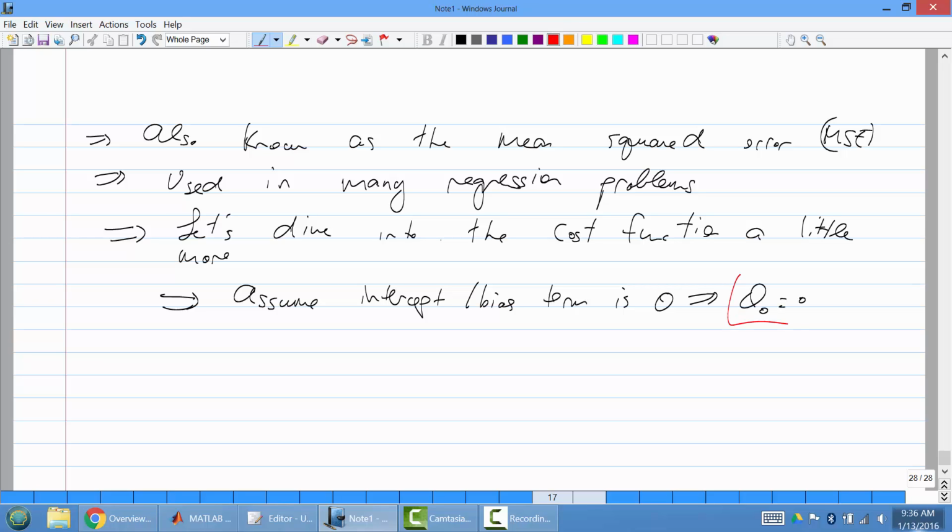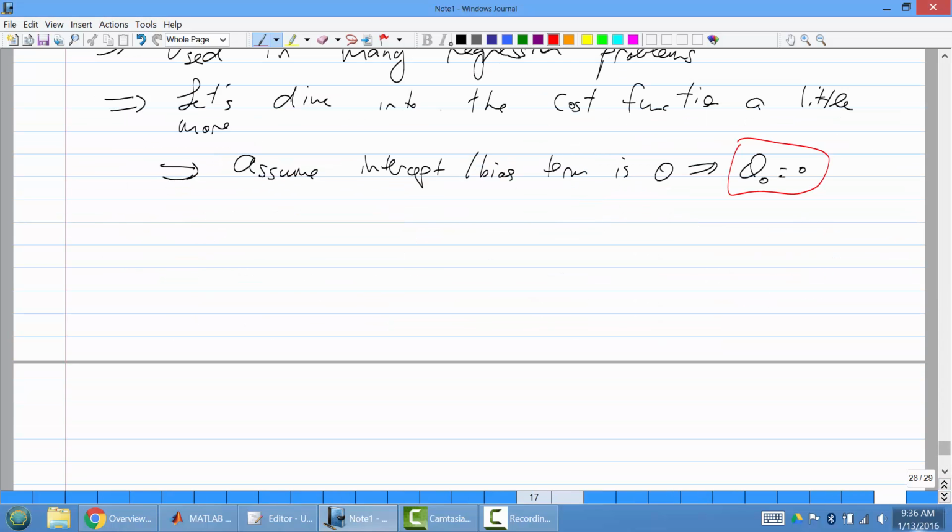This will allow us to better visualize what's going on and get a better intuition of the cost function.